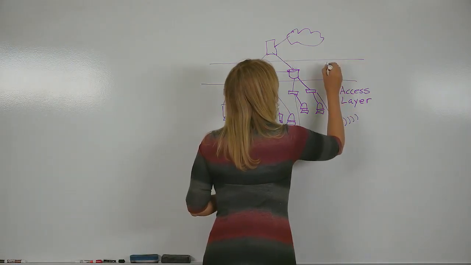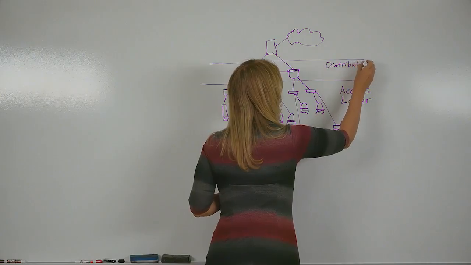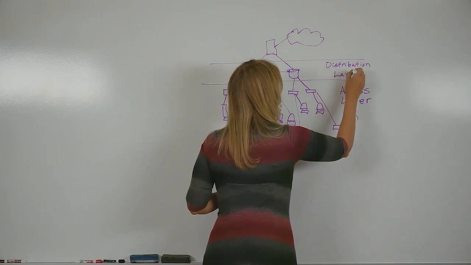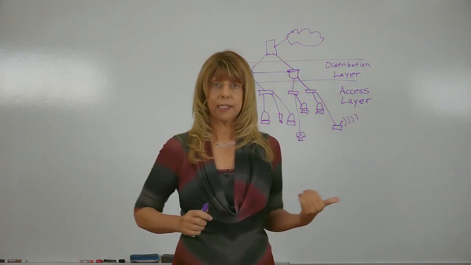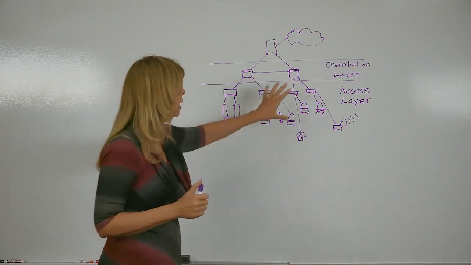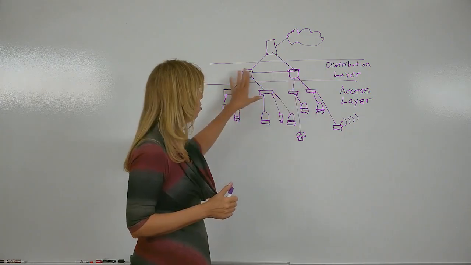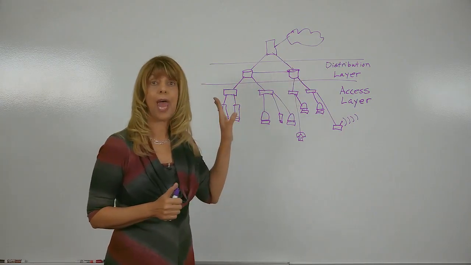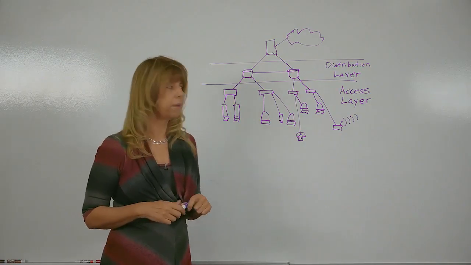The distribution layer's main function is to interconnect the access layer networks and to direct the traffic such that traffic that needs to stay local stays local, and traffic that needs to traverse to remote networks actually has a path to use to get from one network to the other.